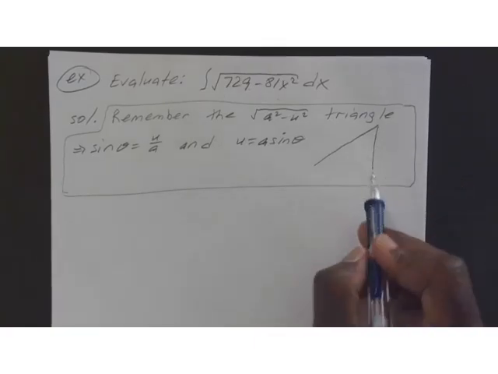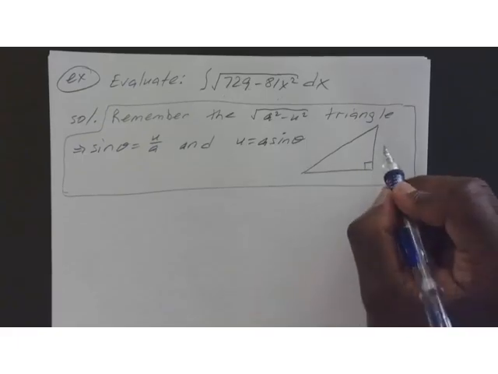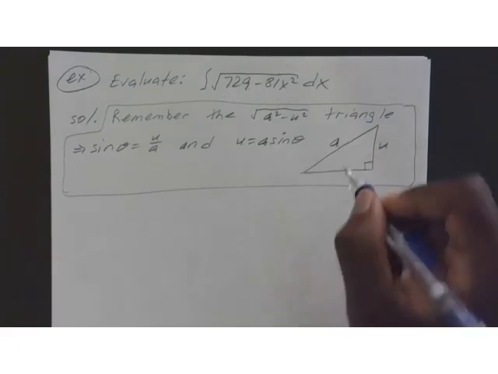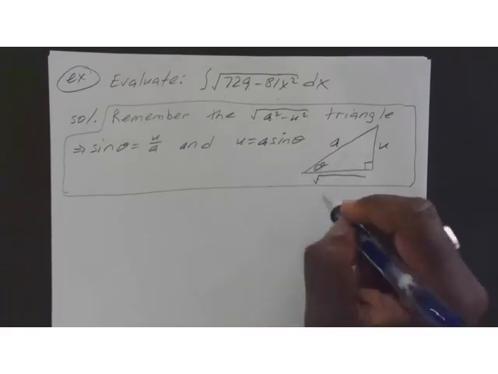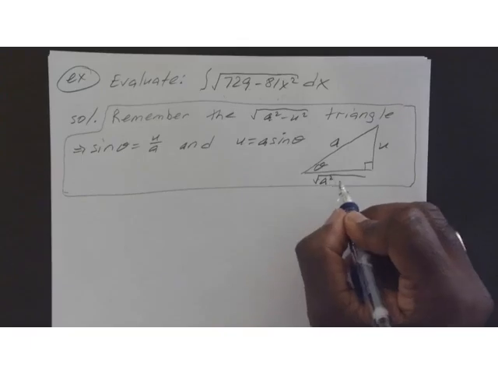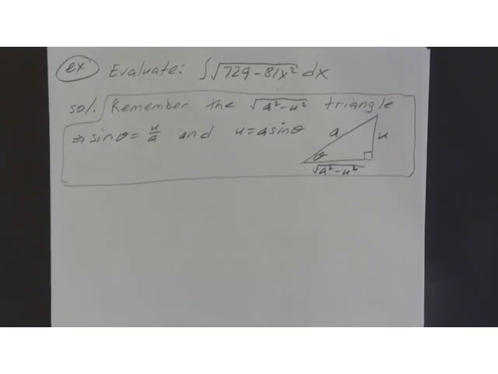So that right triangle has u, a, your theta, and the square root of a squared minus u squared. So we won't have to keep flipping back and forth to the other page.